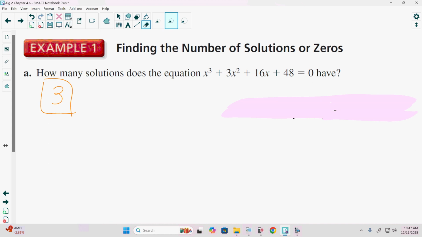This is good to know because if we graph it and the graph tells us we have 3 solutions, we know it should have 3 because the degree is 3. Interestingly enough, you don't have to write this down, but the solutions for this are negative 3, 4i, negative 4i. How many does it have? 3.